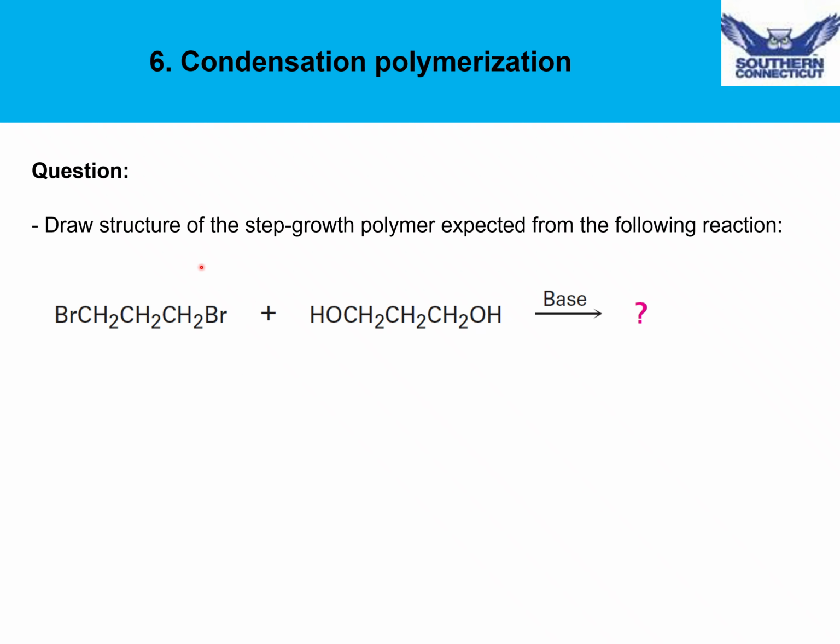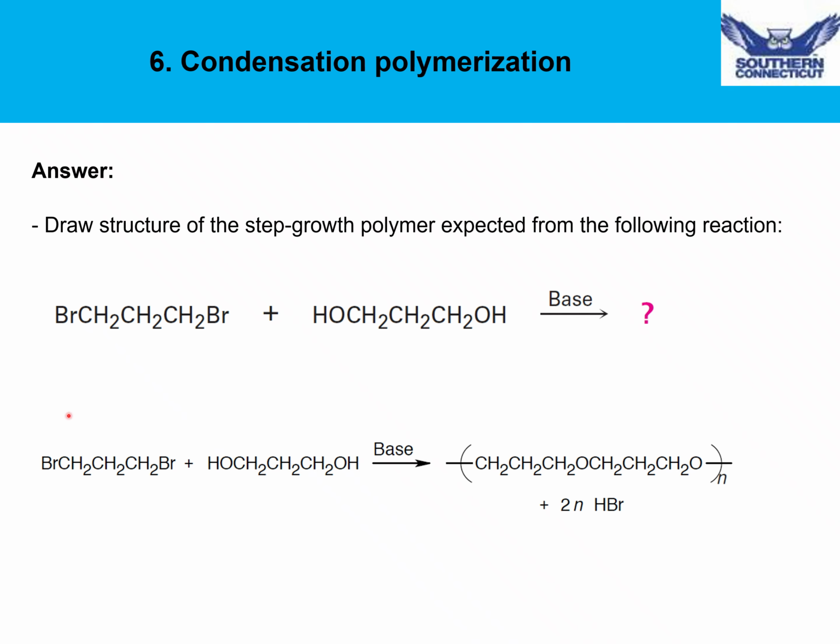Let's take a look at this problem involving condensation polymerization reactions. In this reaction, we have a dihalide and a diol, and we're going to add base to form a polymer from it. Now note this is not an acyl substitution reaction, it is actually a simple SN2 reaction, which we looked at earlier this semester.